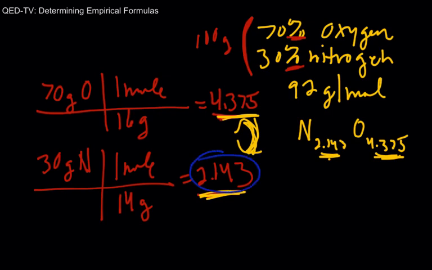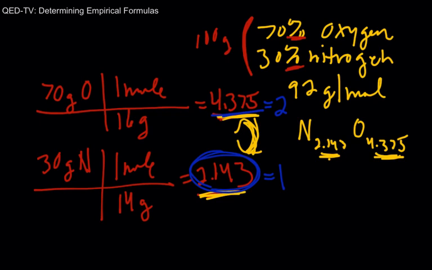So if I take this number, 2.143, and I divide it by itself, I'll get 1. And if I take 4.375 divided by 2.143, look on your calculator, and it will come out to be very close to 2.